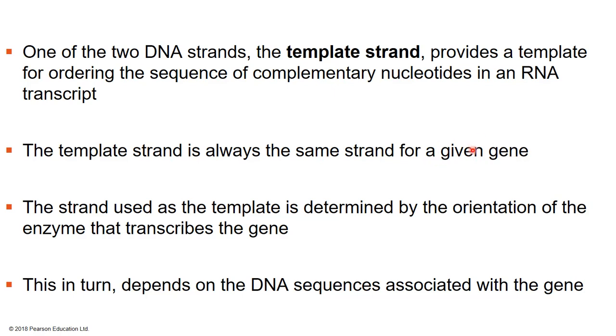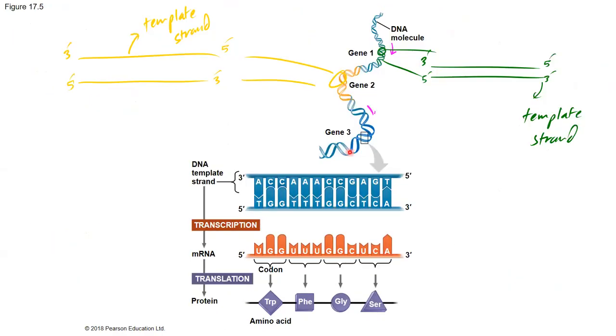But different genes might have different template strands. It could be the top or the bottom. In this case, for gene 1, it's the top. For gene 2, it's the top. For gene 3, it's the bottom strand. Is it clear?